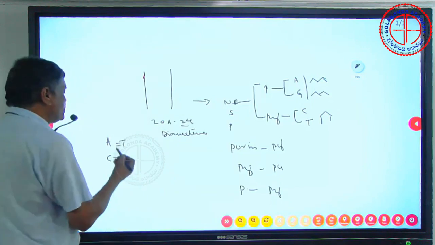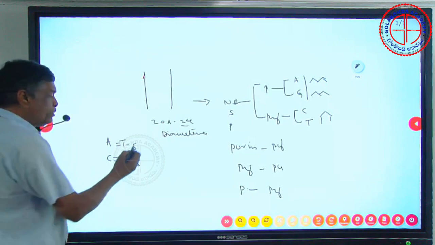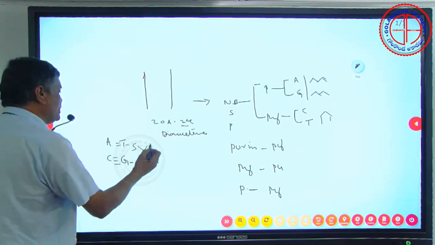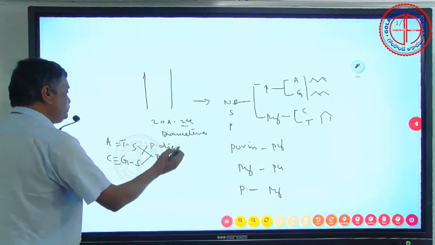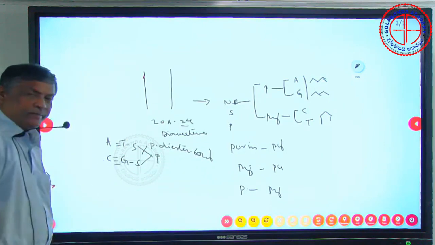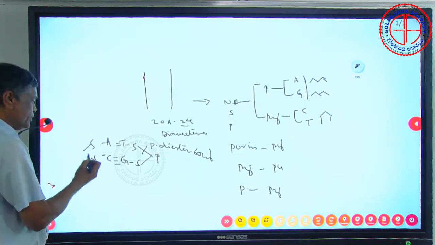On both sides, the nitrogen bases are bound with sugar. Then both sugars bind with phosphate. That bond is the phosphodiester bond. On this side also, the sugars are there, and both sugars are combined with phosphate.